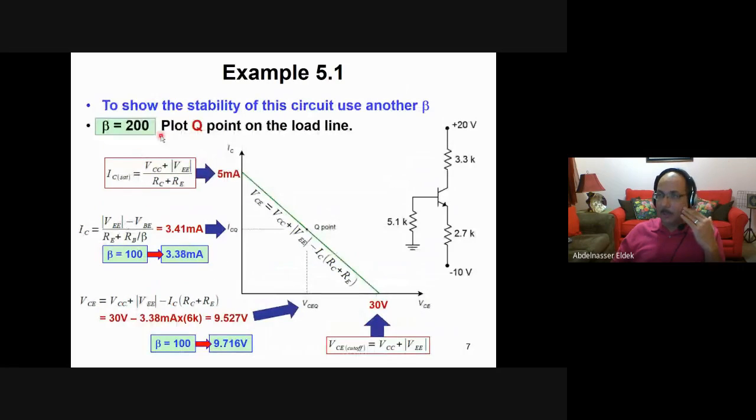So when beta equals 200, this is the answer, 3.41, and the voltage here will be 9.52 compared to 9.7 when it is 100. If you remember the previous example, in the common emitter there was a big difference between beta equal 100 and beta equal 200. It's almost double. So this proves that this biasing system is very, very stable.